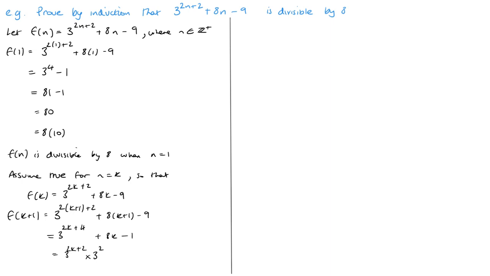What I'm doing there is splitting the 2k plus 4 up into 2k plus 2, so that I'm going to be able to swap for this at some point. Plus 8k minus 1. Now let's take f of k away from both sides.